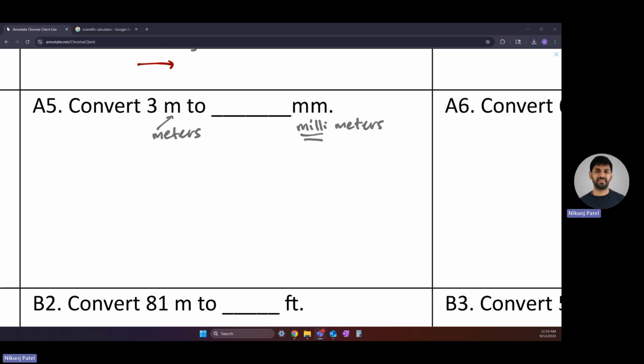When we have milli, we know that 1,000 of those items, millimeters, is equivalent to 1 meter. So we set this up just like we've done on the previous examples, 3 meters, put 1 meter down there, and we have 1,000 millimeters up here.